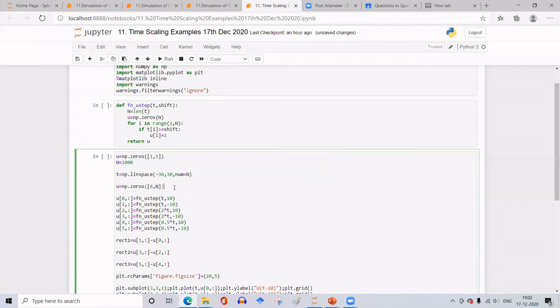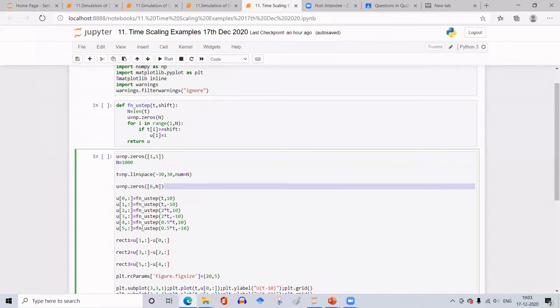Yesterday somebody raised the problem: can we make it a loop? You can make use of this technique and try. Here, instead of every time naming it with a different name, I'm taking each function that is returned after executing this as a different row in this U matrix.